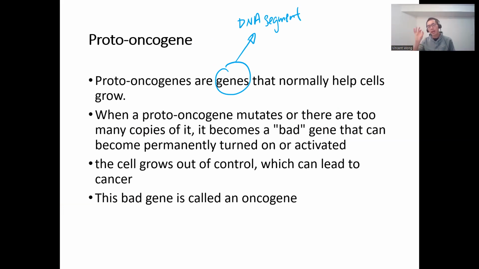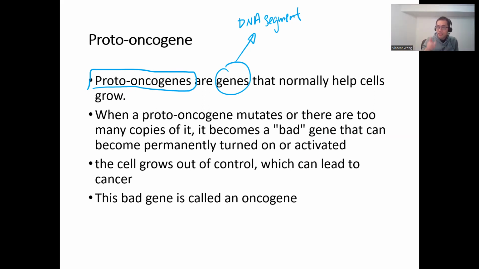So in this case, we have a gene called the proto-oncogene. The proto-oncogene codes for growth promoters. In other words, they have the instruction to make the proteins that act as green lights. So they help the cell grow. They help the cell divide. So we call that a proto-oncogene.